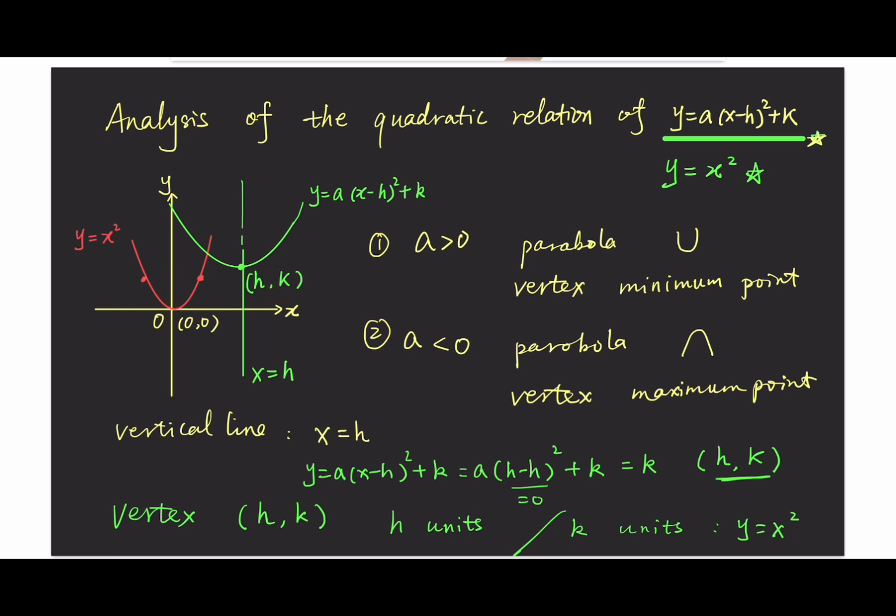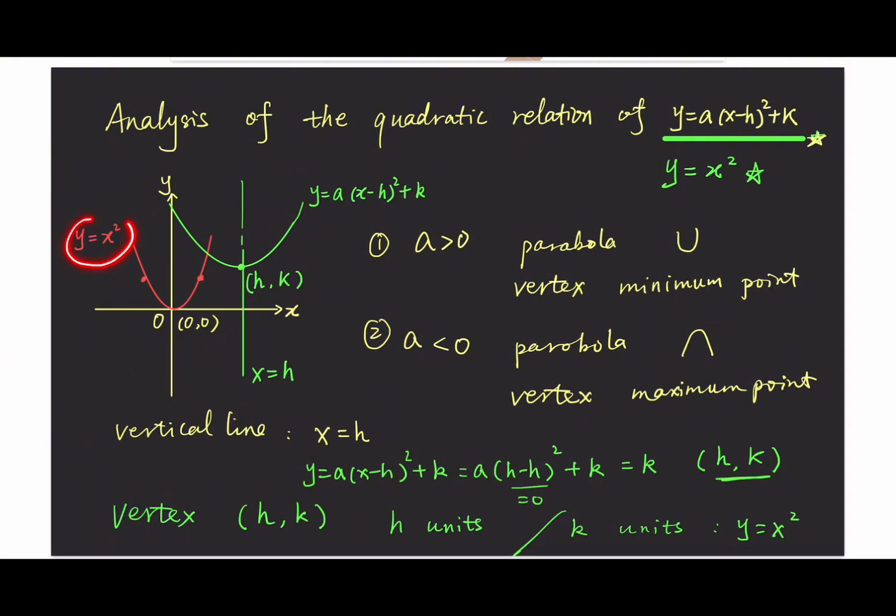Of course, here we assume k greater than 0, so h is to the right of the origin and k is above the origin. So this vertex is above and to the right of the origin, and the parabola opens upwards.